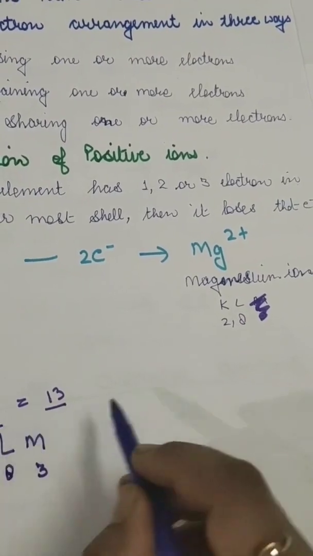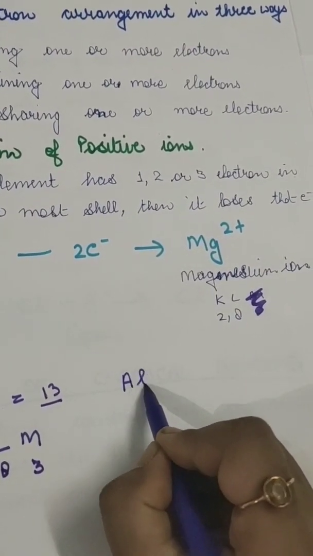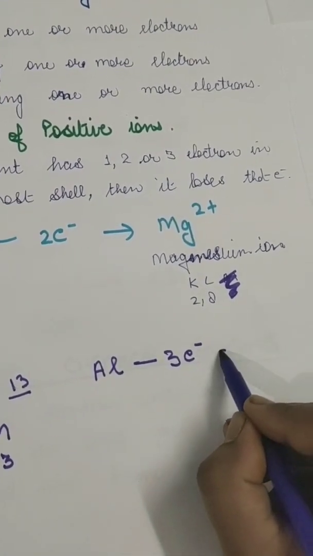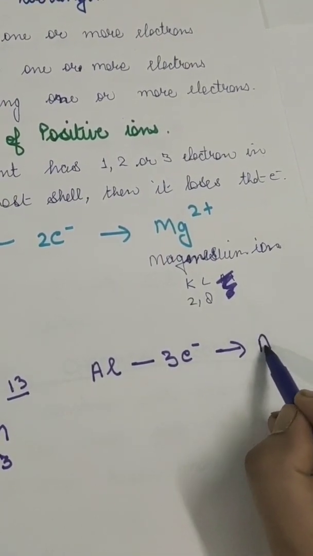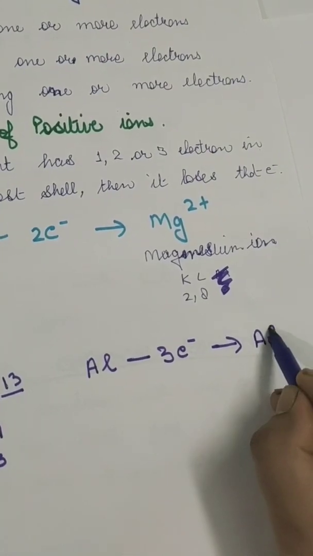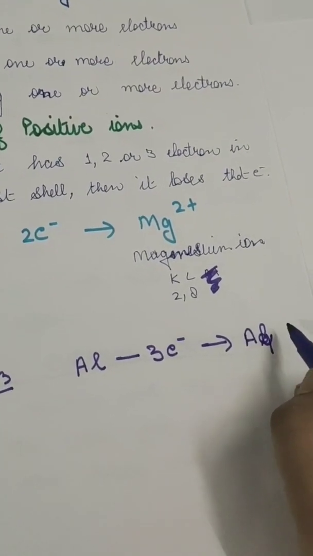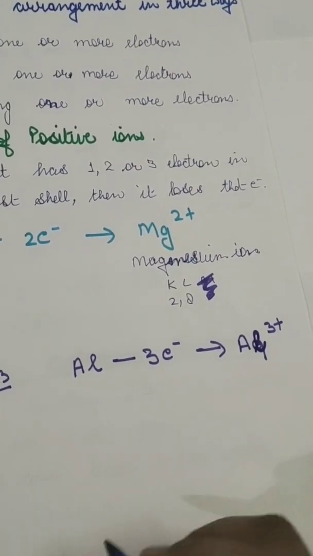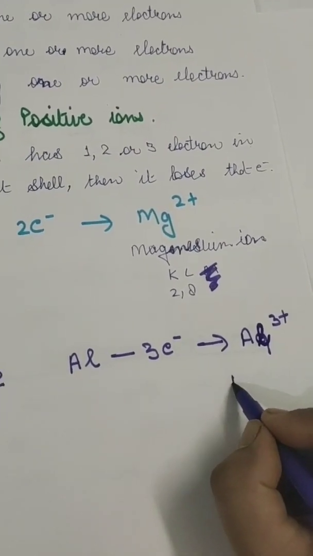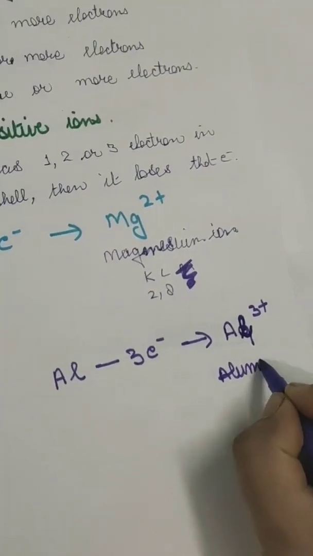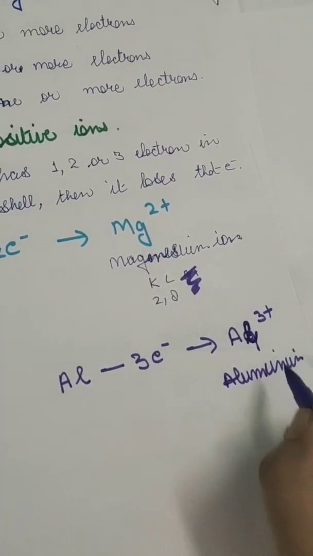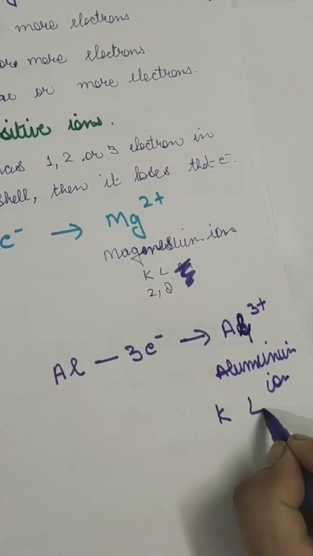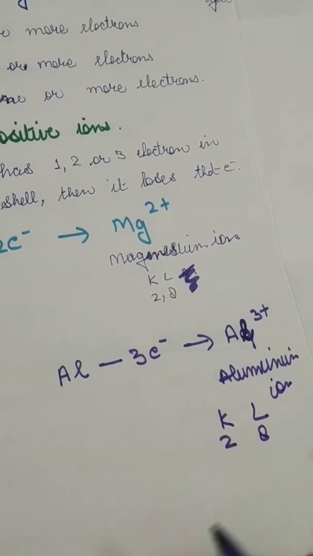This aluminium will donate its 3 electrons and become a positive ion, that is a cation, Al with 3 plus charge. So it will be the aluminium ion, and it will have only K shell and L shell, 2 electrons here and 8 here.